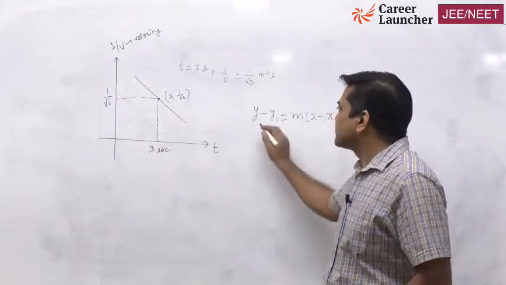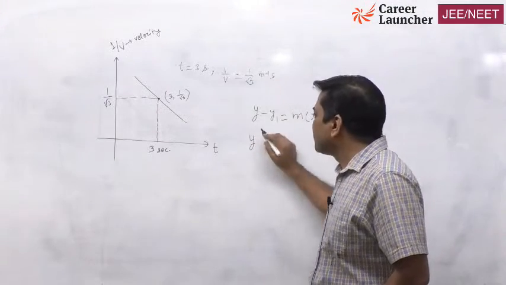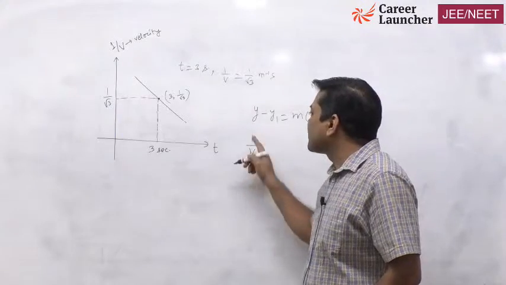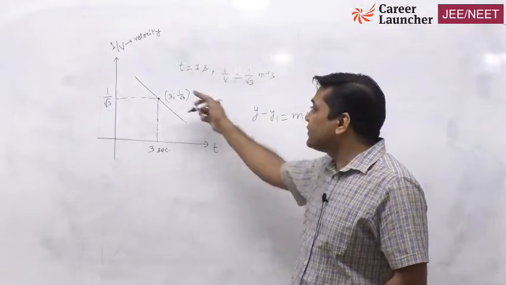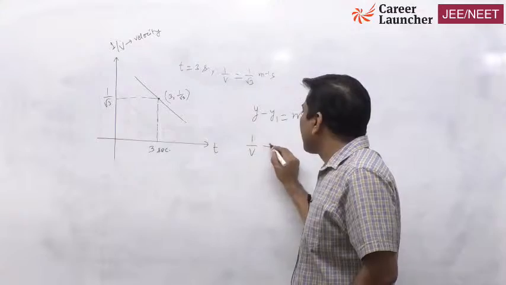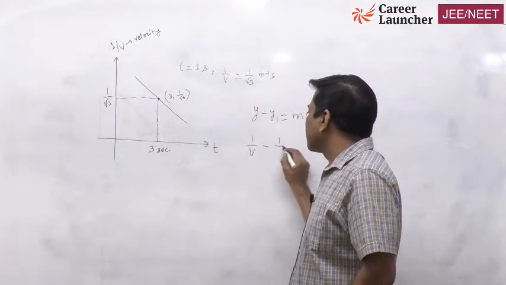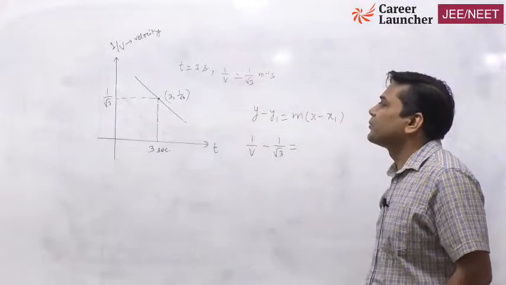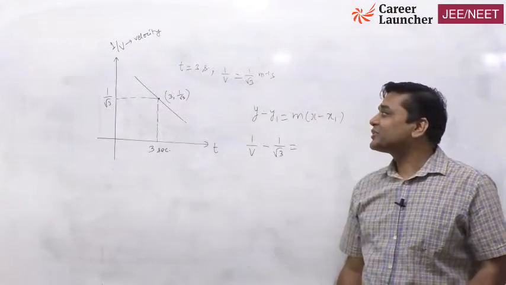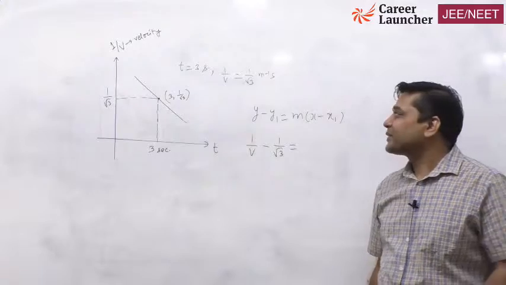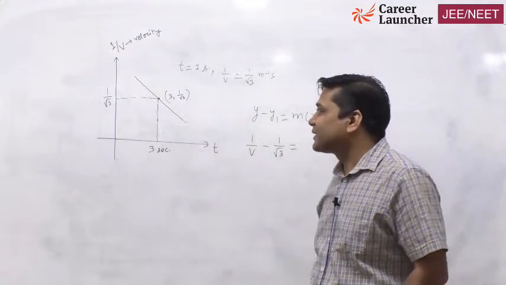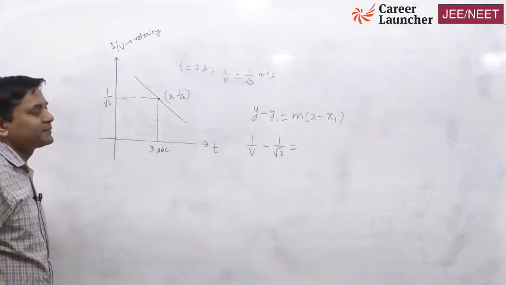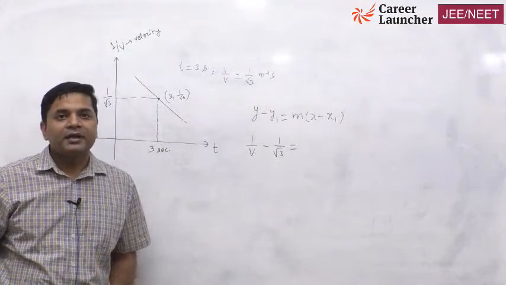Use y in place of the y-axis quantity; the given quantity is 1 by v, so don't write v here. It is 1 by v, and y1 is 1 by root 3, and that divided by x minus 3 is equal to m, the slope. I hope now you know how to find the slope mentally. So what is the slope of this line? Data has been given to you. Anyone?